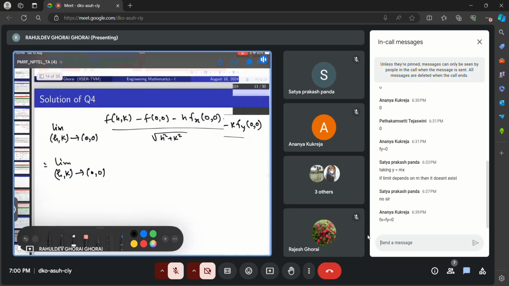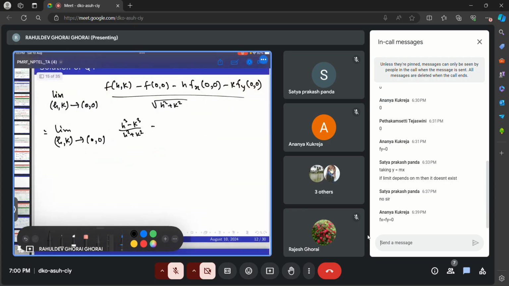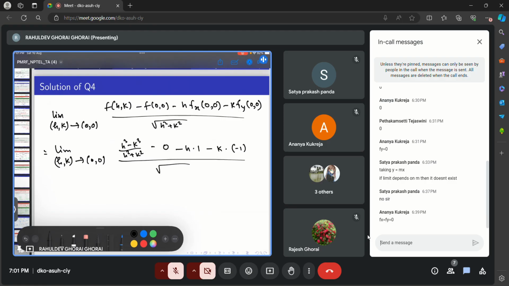What is f of h k? It is h cube minus k cube over h square plus k square, minus f of 0 0 which is 0, minus h times what is fx at 0 0? 1, minus k times what is fy at 0 0? It is -1, over square root of h square plus k square.